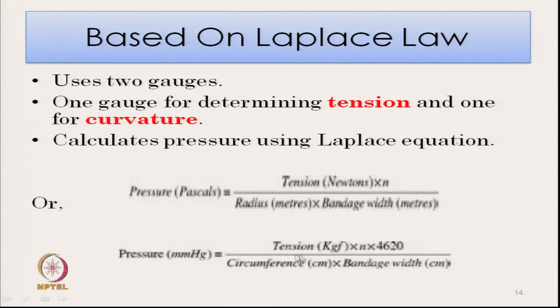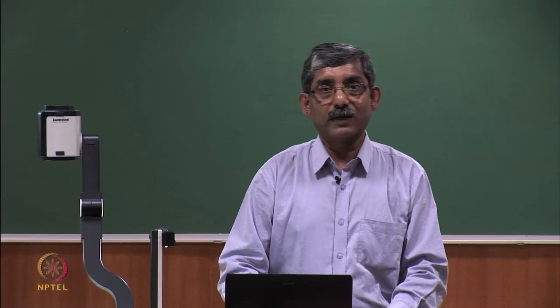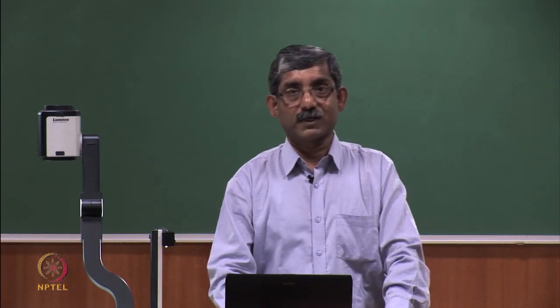This is the typical formula, where the number of layers is known from the wrapping and the bandage width is known, as we know the bandage when we are wrapping, but tension and radius, or say curvature, we can get from two gauges. Using this formula we can calculate the pressure exerted during compression.